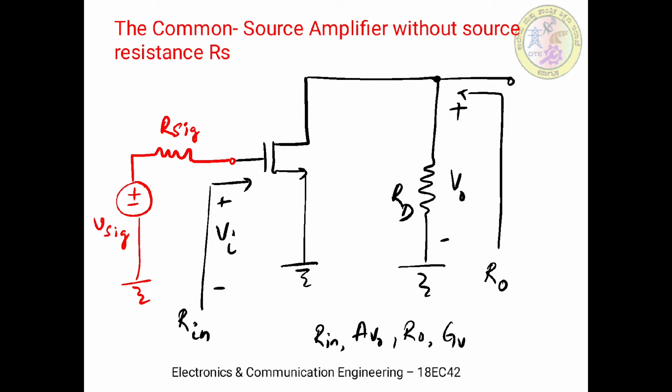So now we will see what are the characterizing parameters of the common source amplifier. Okay, so now in order to derive those characterizing parameters, we have to replace the MOSFET by its hybrid pi model, so that we are going to get a common source amplifier equivalent circuit.